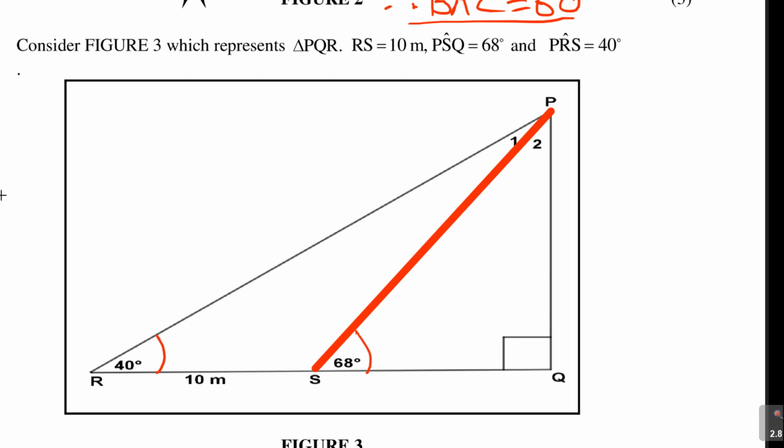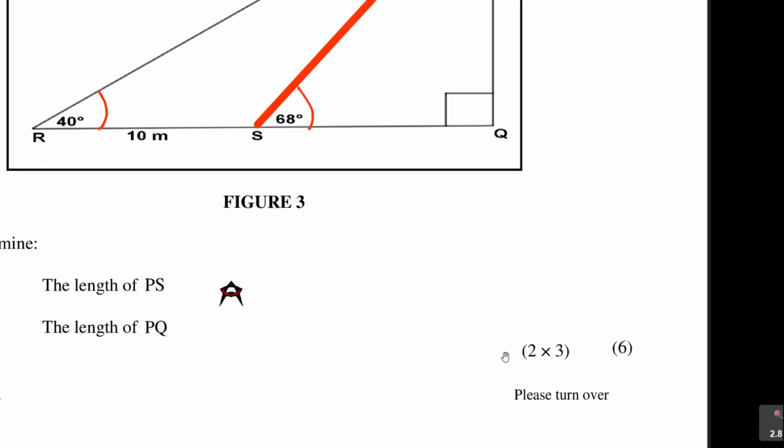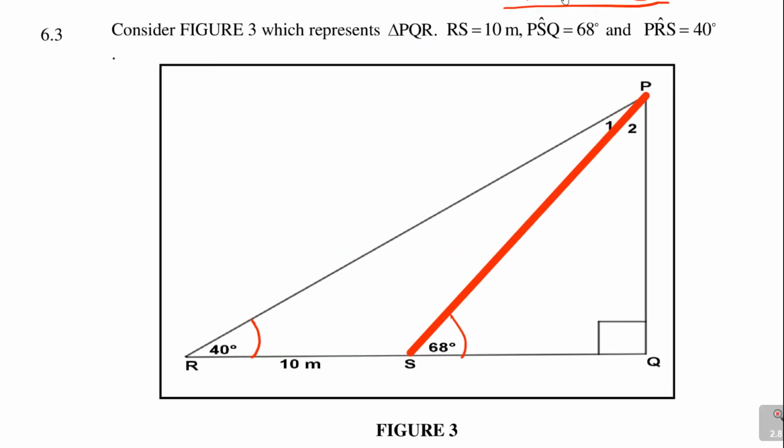Alright. So how can you go about this part? Let's look at what we can do to find the length of PS. And in here you are not given much. Let's look at the mark allocation. 2 times 3, so each one is 3 marks. So let's look at this.